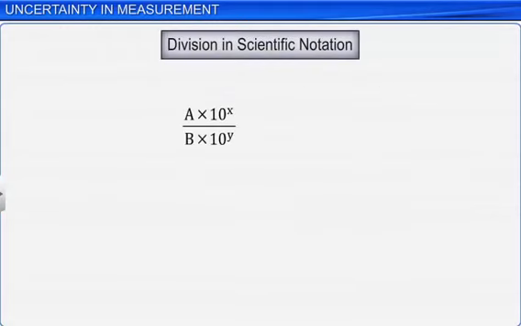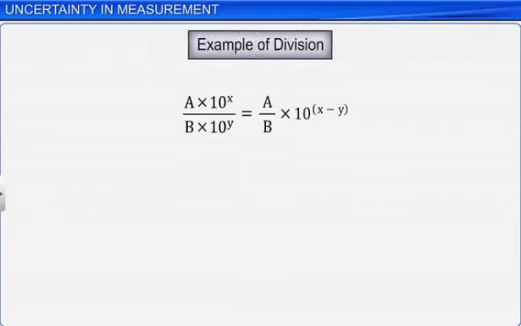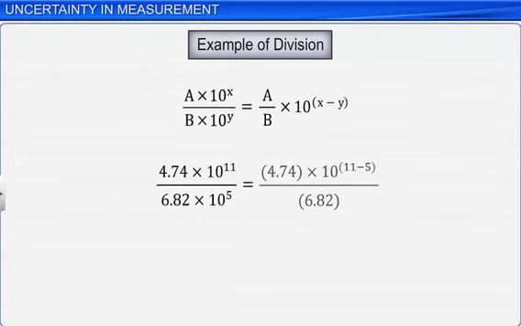To divide two numbers, first subtract the exponents and then divide the coefficients. Here's an illustration of dividing numbers written in scientific notations.